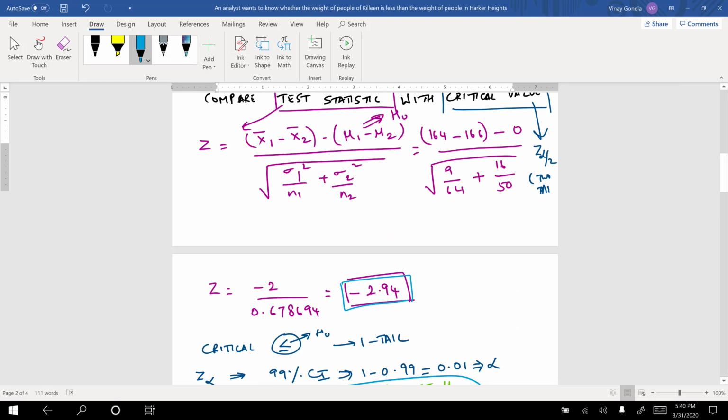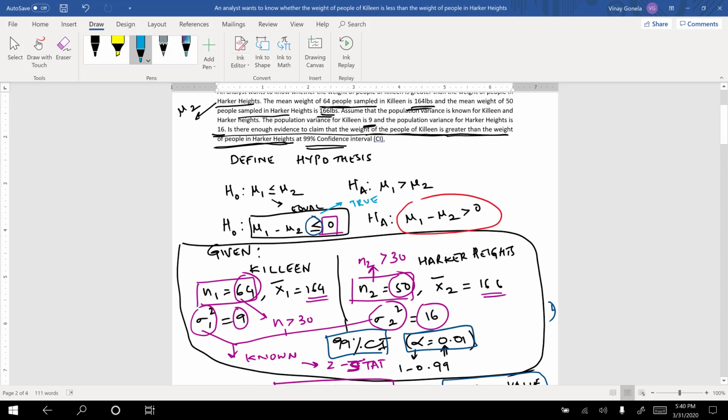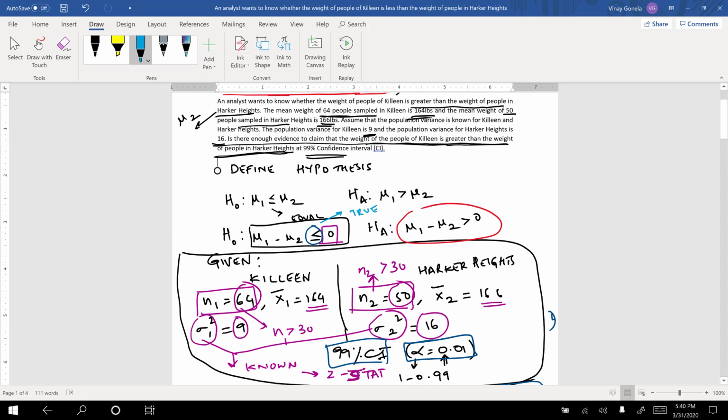So the question says, is there enough evidence to claim that the weight of the people of Killeen is greater than the weight of people in Harker Heights at 99%? In fact, Killeen is less than, so we don't have enough evidence.